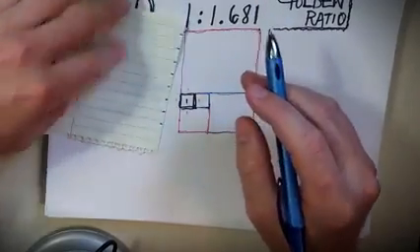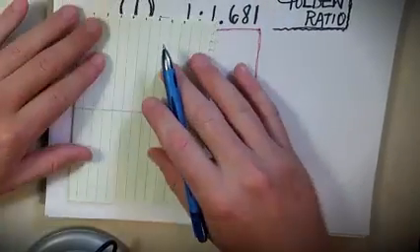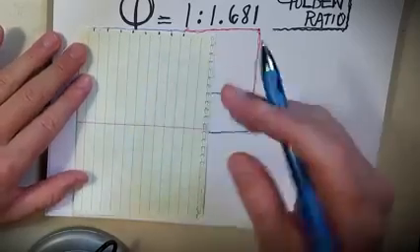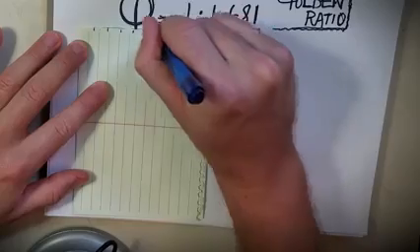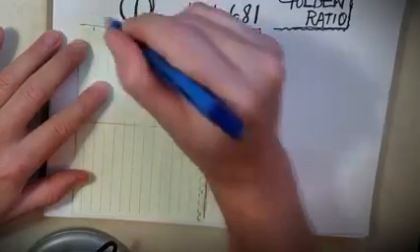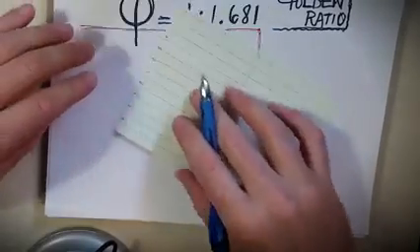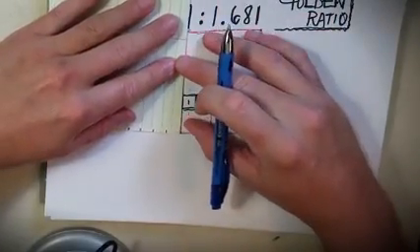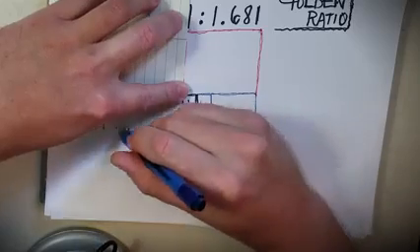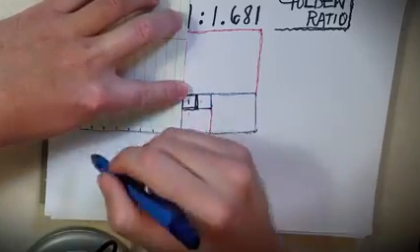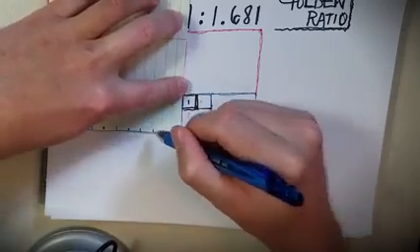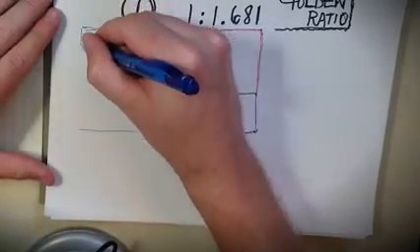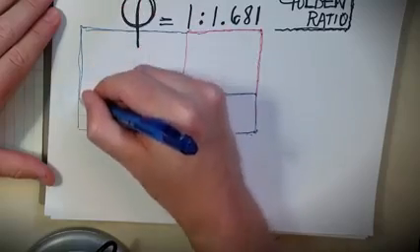So that will be my line right there. And then I'll do this side real quick. And I'm going to show you how the Twitter logo is made. 1, 2, 3, 4, 5, 6, 7, 8.